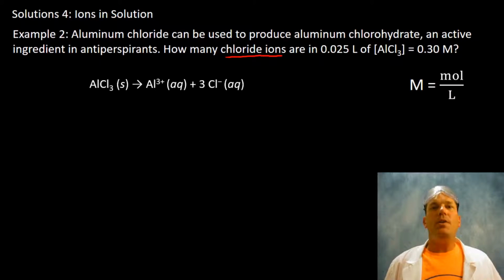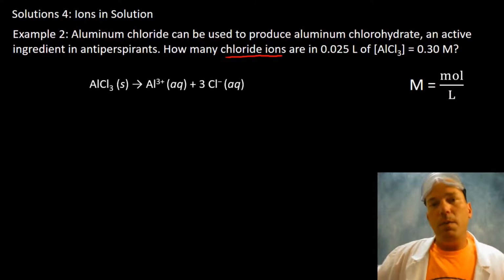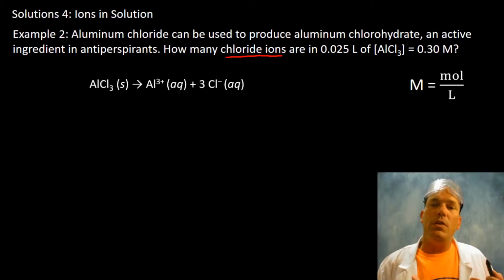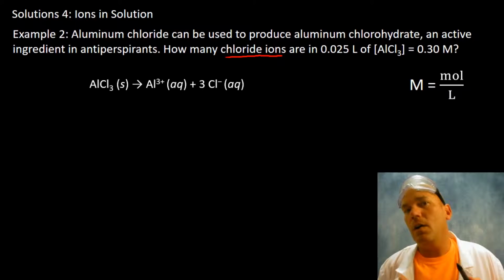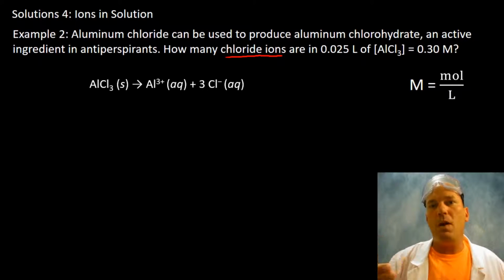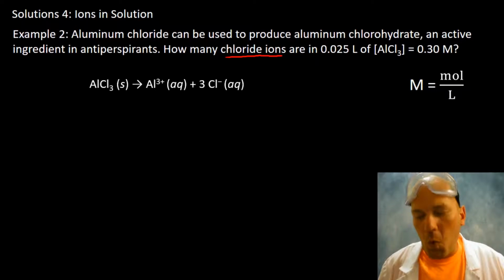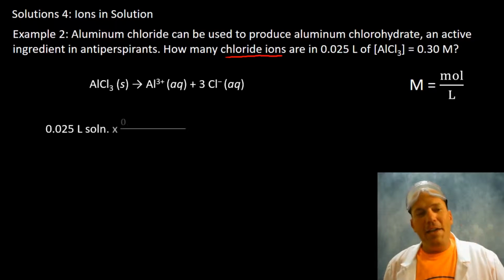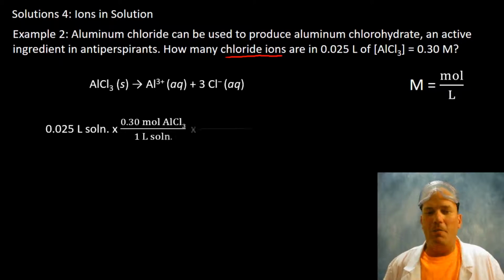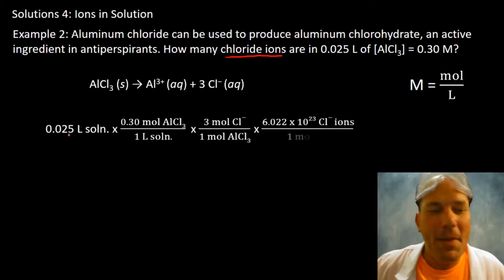And it's up to you where you start. You can start with the volume and use dimensional analysis. You could start with the fact that there are 0.3 moles of aluminum chloride in 1 liter of solution. Guess what? Both work. So I am using liters to start off with, to show you that it's the same thing.